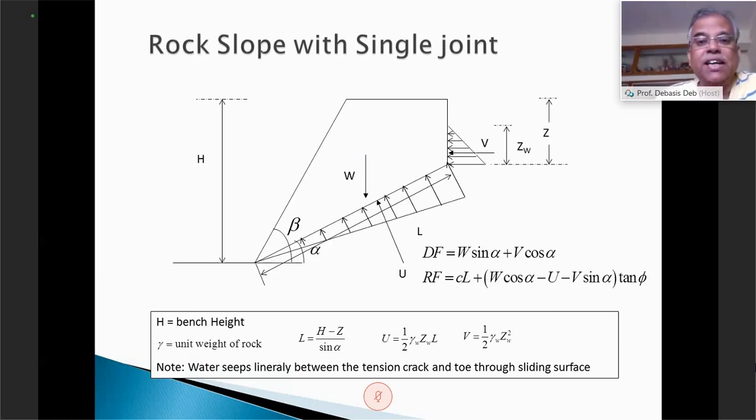One pore pressure is this U, which is acting normal to this plane, minus V sine alpha. There will be another component in this direction into tan phi. So this is basically the Mohr-Coulomb equation in load form.